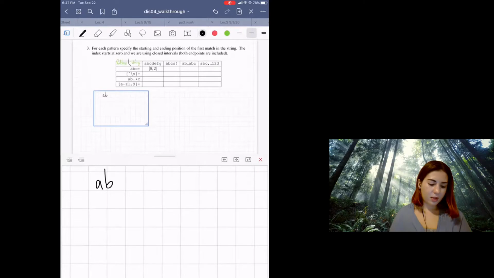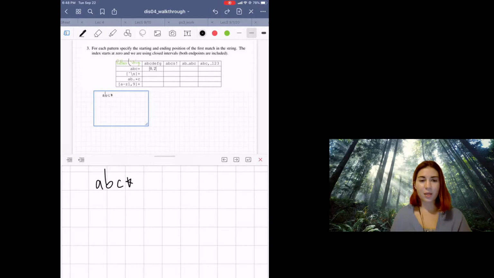A, B, C star. We know from earlier, but let's remind ourselves again, the star in regex means that you match the character or pattern that came before 0 or more times. So that means that just the C, which is the only character, the pattern that came immediately before the star, can be matched 0 or more times.